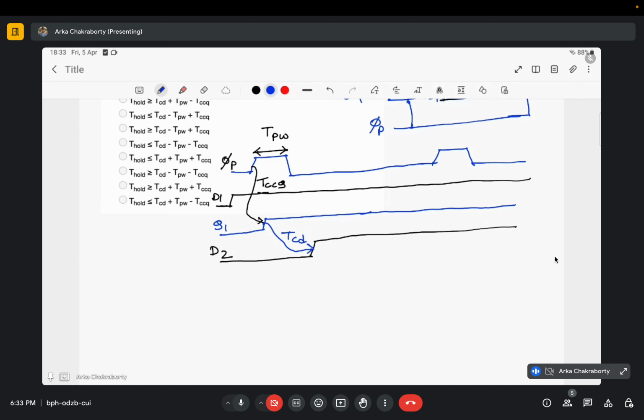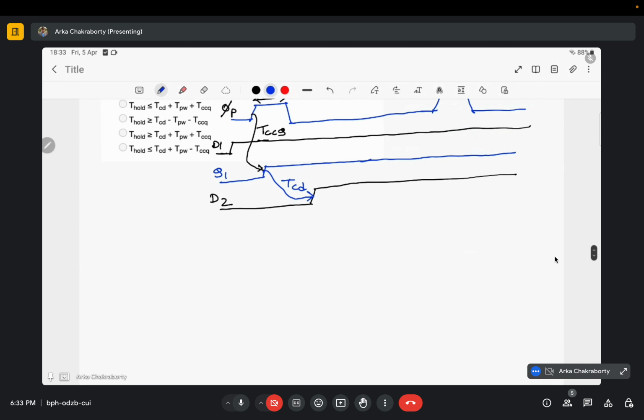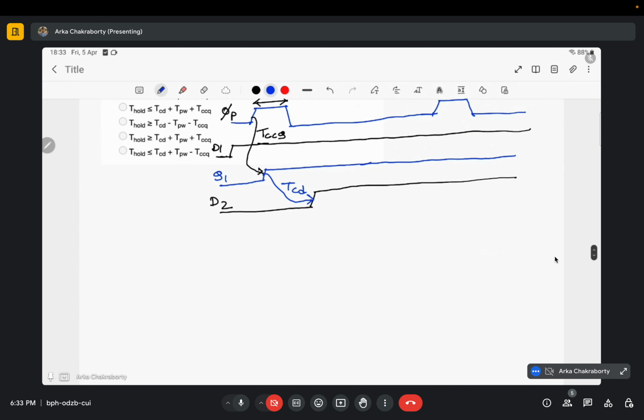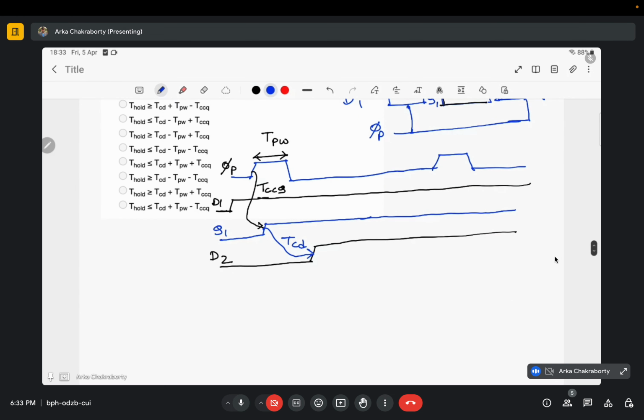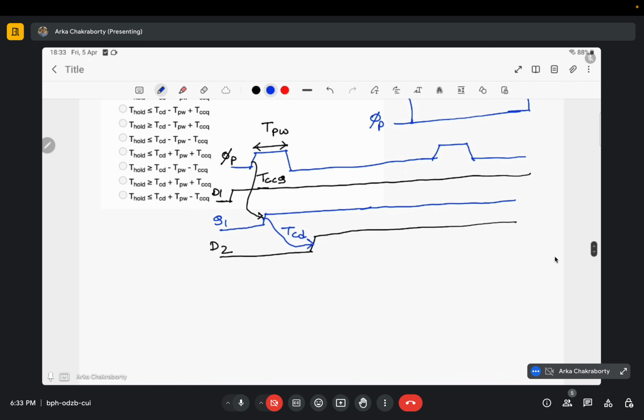And we have to ensure that this T contamination clock to Q plus T contamination delay should be more than this pulse width plus the minimum time after TPW till which my next output D2 should not arrive, and this term is called hold time, right? This delay is called T hold.